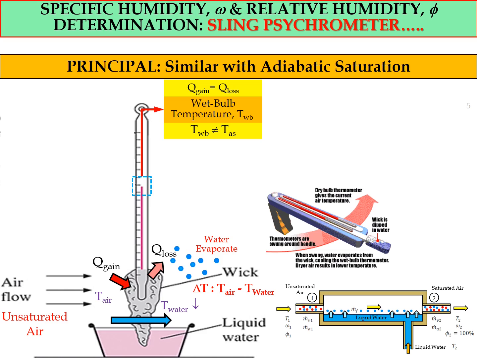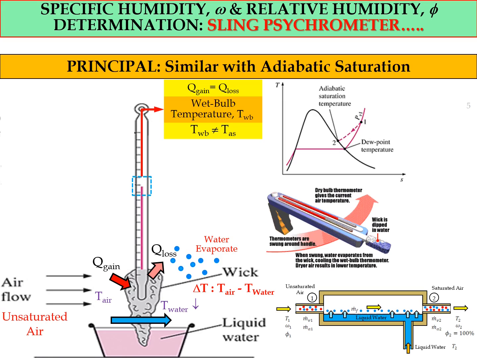Basically, the value of wet bulb temperature is not equal to the adiabatic saturation temperature, as we can see in the T-S diagram. The adiabatic saturation temperature is actually the saturated temperature at the atmospheric pressure.